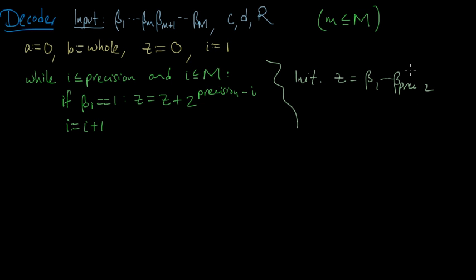And note that this is an integer now. It's not a binary expansion. There's no point here. This is an integer. Okay, so that's our initialization, and we're going to update Z as we go.